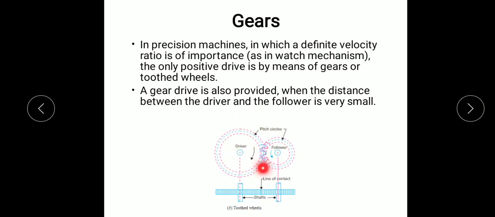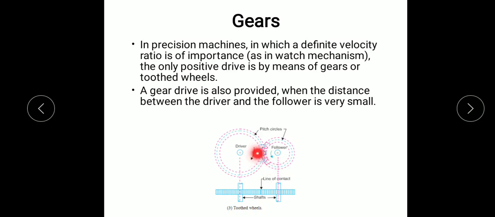This is the front view and this one will be the top view. So you can see three circles. First one, the red one will be dedendum circle, blue one will be pitch circle, and outer circle will be addendum circle. This will intersect with this one, and this will be a tooth shape.